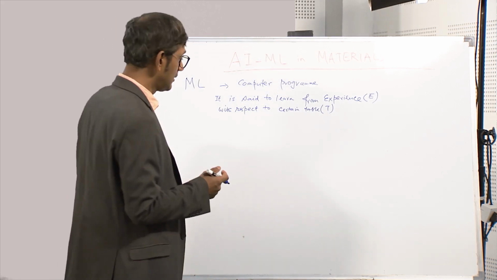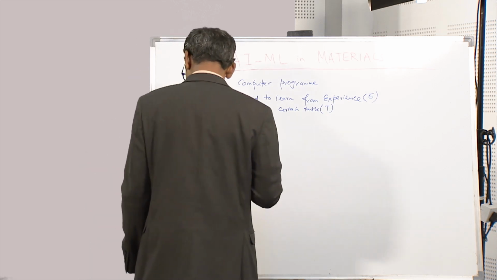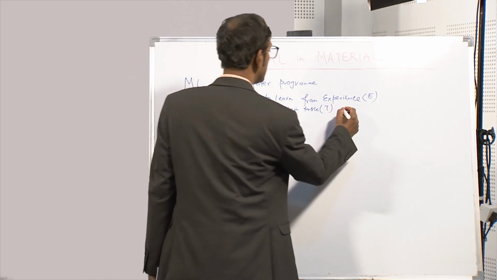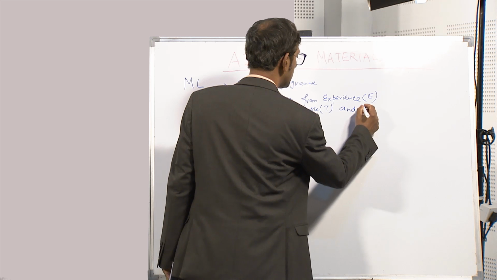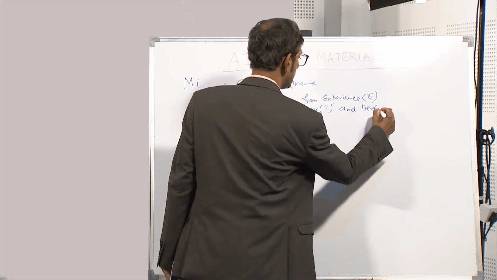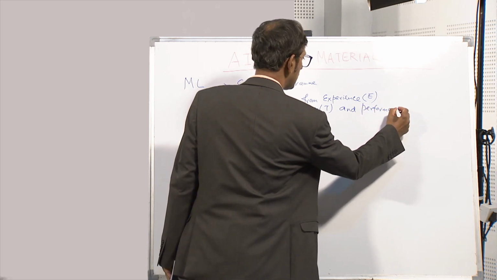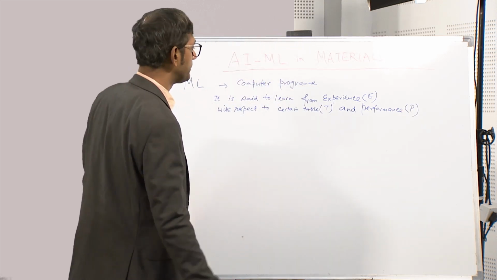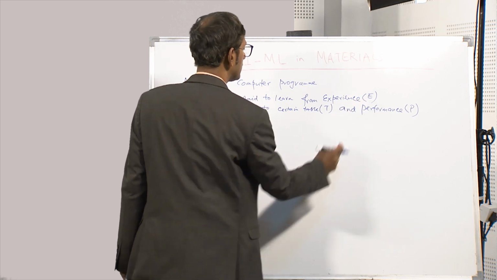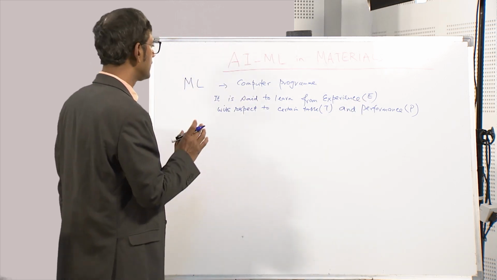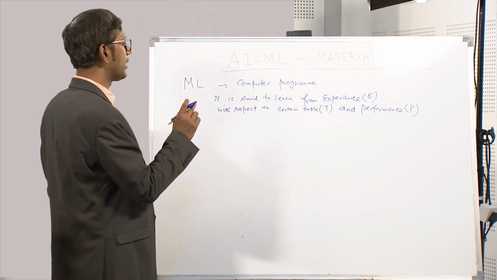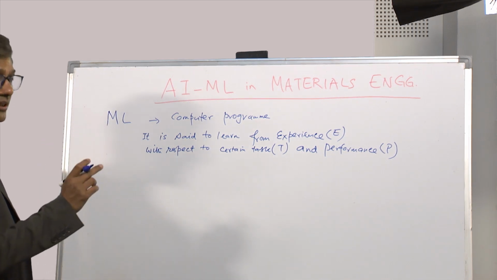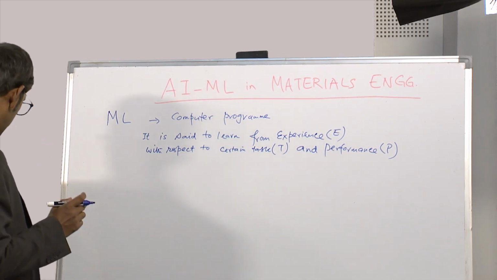Only task? Well, not. Something more. Certain task and performance, and let us call performance capital P. Am I clear? So, it is a computer program. It is said to learn from experience with respect to certain task and performance. But what does it do?